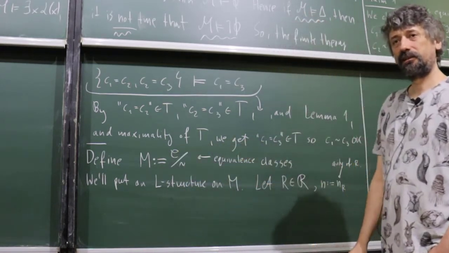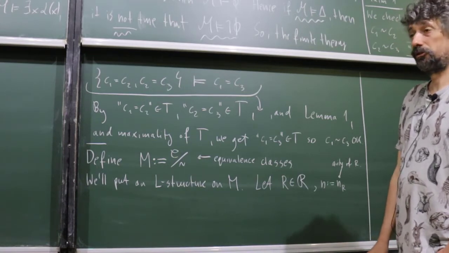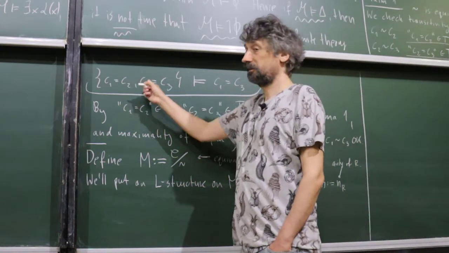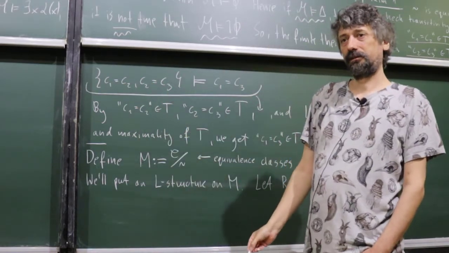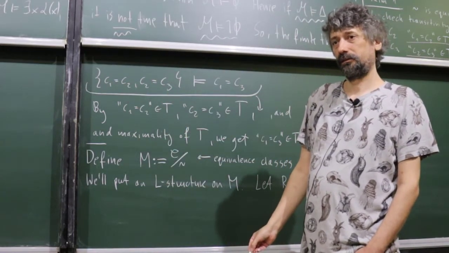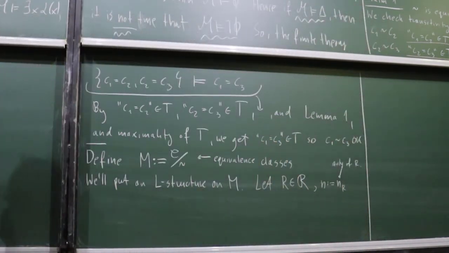Yeah, but it's like each set is like a singleton. No, not necessarily, it may be. If there are no such sentences, yes, but there may be. If and only if, in this theory, two constants are the same. That may happen, yes.